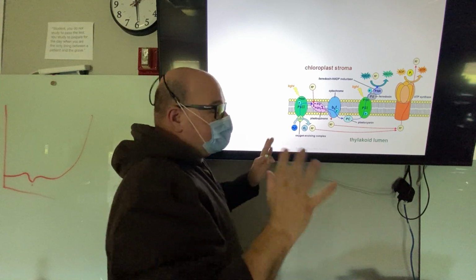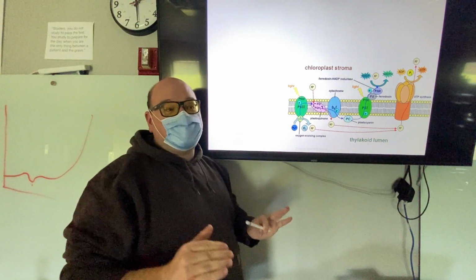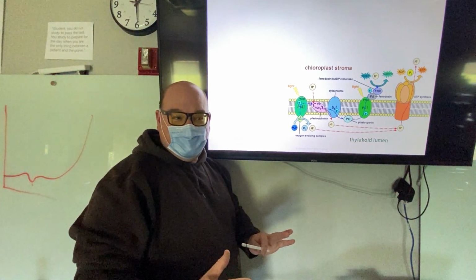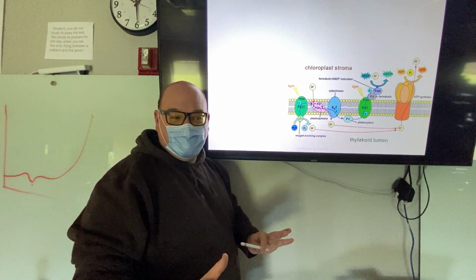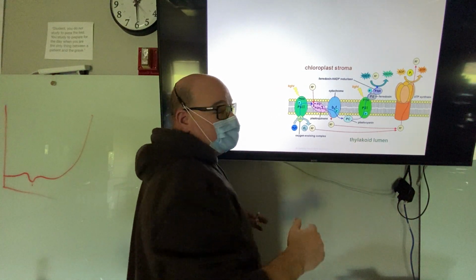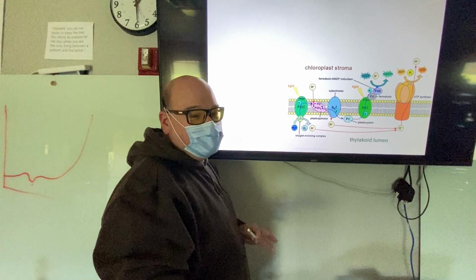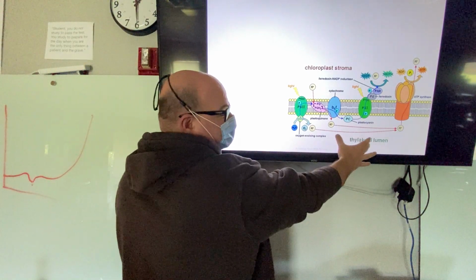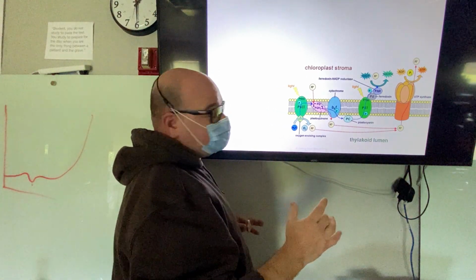So photosystem 2 concentrates hydrogen where? Inside or outside the thylakoid? Go ahead, guys. This is the lumen, so it concentrates hydrogen. Somebody say it. Come on. Inside the thylakoid. Inside the thylakoid.